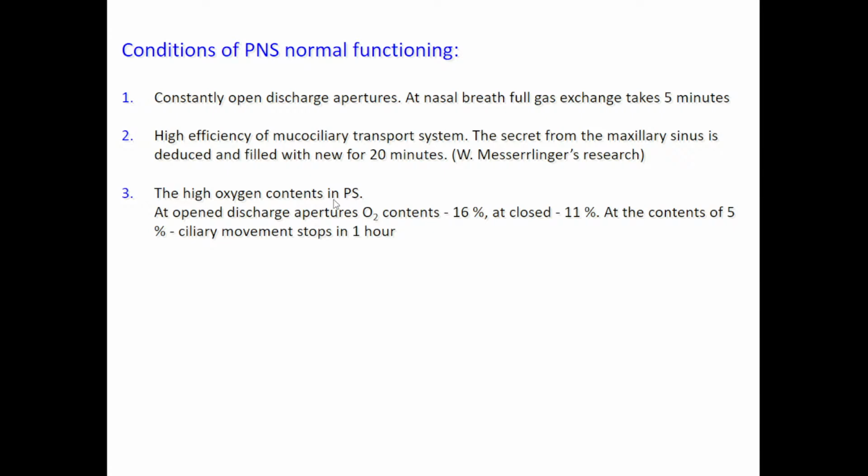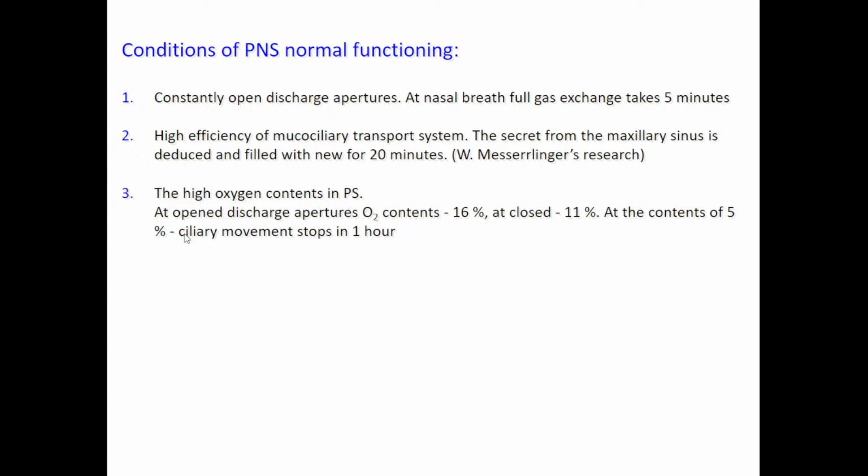The second is high efficiency of the mucociliary transport system. The secret from the maxillary sinus is removed and filled with new within 20 minutes. It means that there must not be any problems blocking the mucociliary transport system.